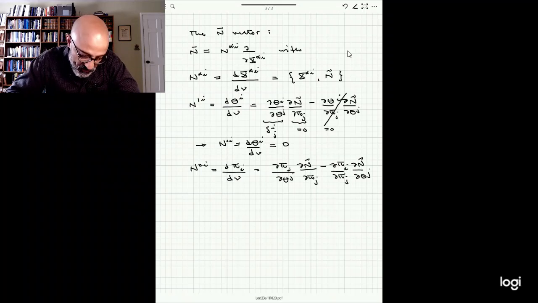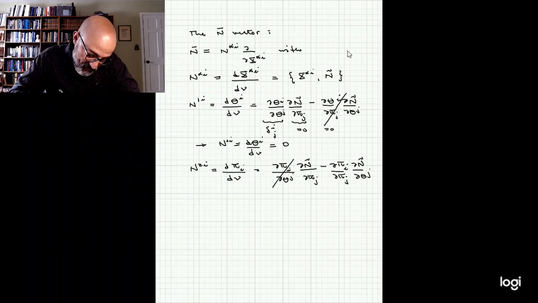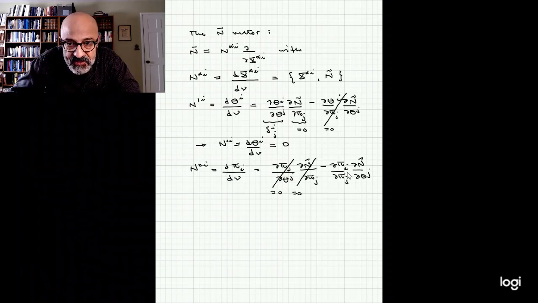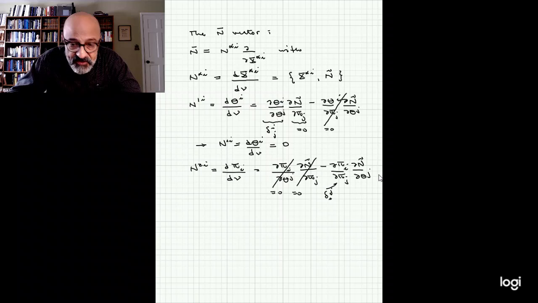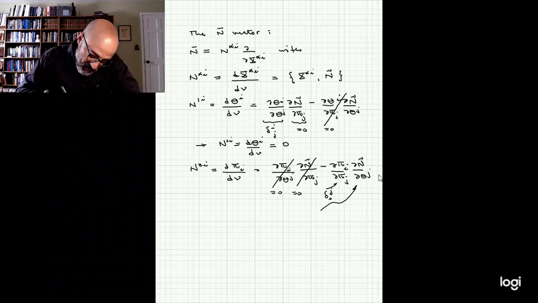Very good. When we do this here, we see that this term vanishes. Well, so that's this one, because n only depends on theta. Here we have a Kronecker delta, d pi j, and d n d theta j.